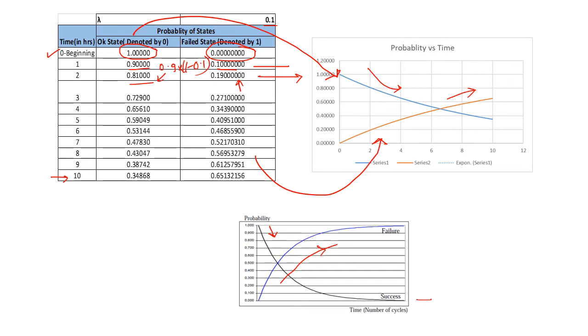Now, what will be the situation if the components are repairable? In that case, again we have two states: OK equal to 0 and failure equal to 1. Like the previous case, there is a transition probability to go from state 0 to state 1, denoted by lambda.